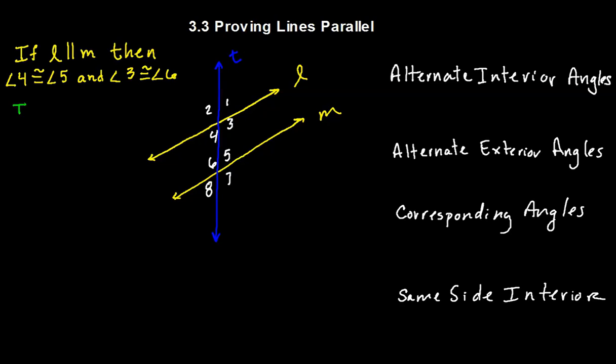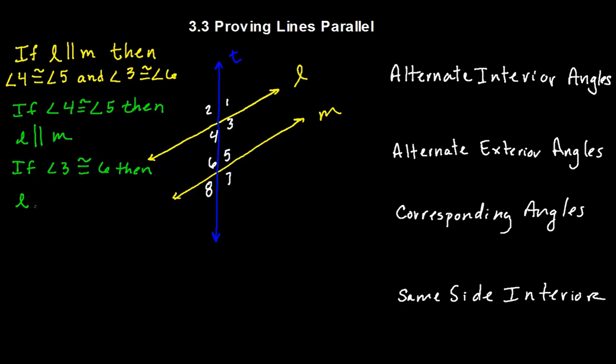I'm going to say if angle 4 equals angle 5, or is congruent, then I could say that line L is parallel to line M. I could also say that if angle 3 is equal to angle 6, then line L is parallel to line M.